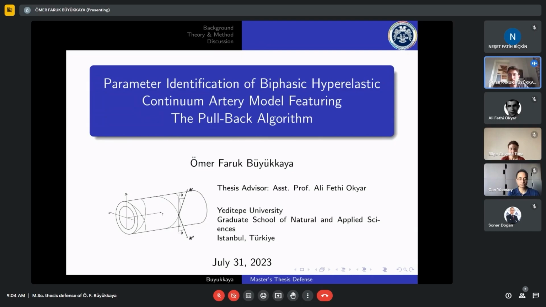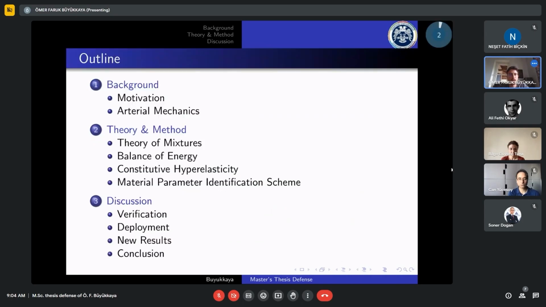And now I want to continue with my defense. So my thesis title is Parameter Identification of Biphasic Hyperelastic Continuum Artery Model featuring the pullback algorithm. First, I will talk about the motivation behind this study and some basics of arterial mechanics.